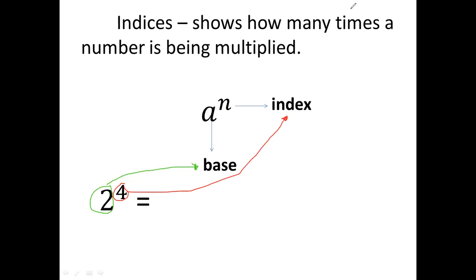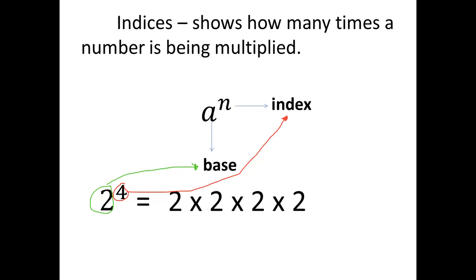So if we say 2 to the power of 4, that is the same as saying 2 times 2 times 2 times 2, written in a shortcut way with the base and the power.